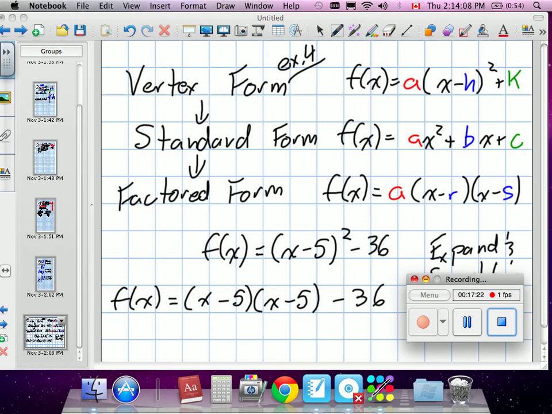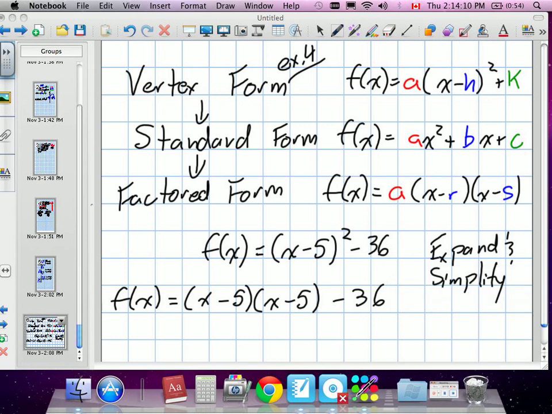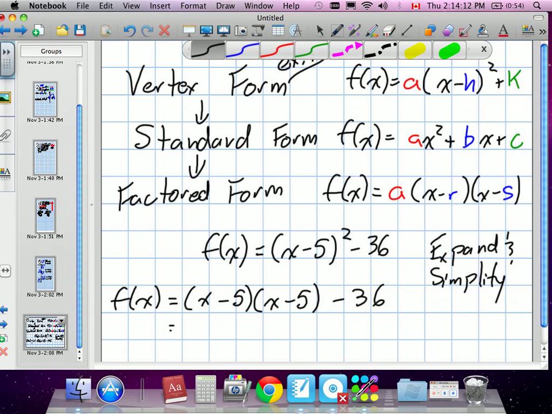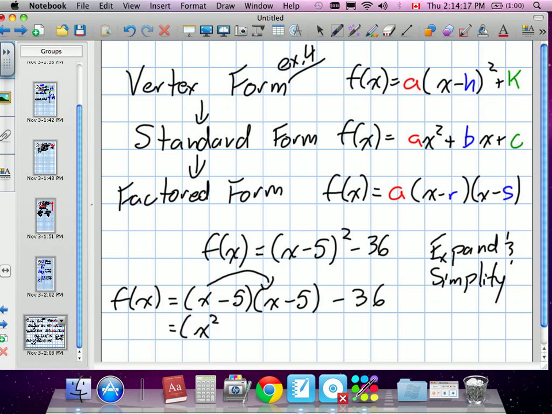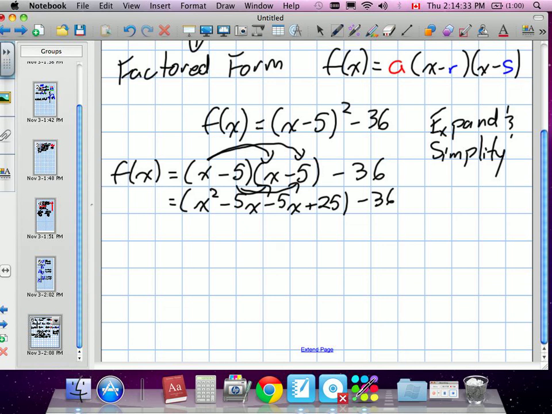So when we do x times x, we get x squared. And x times negative 5 is negative 5x. Negative 5 times x is negative 5x. And negative 5 times negative 5 is positive 25, still minus the 36. We're going to simplify our brackets. We get x squared minus 10x plus 25 minus 36.